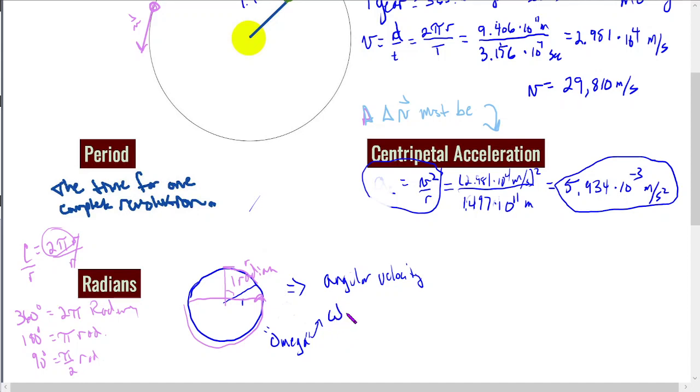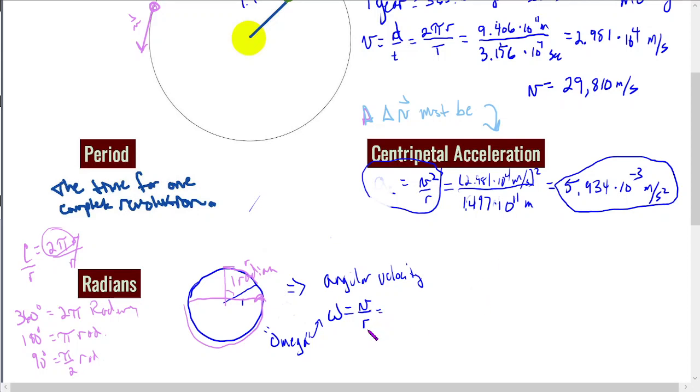Okay, so our omega here, it kind of looks like a curly script W. And so omega equals your velocity, your meters per second, how fast you're traveling, your speed around the circle, divided by the radius.